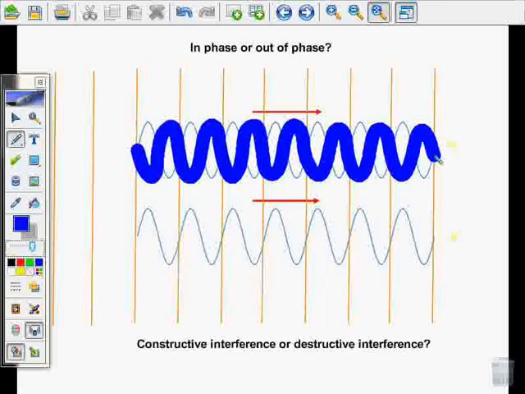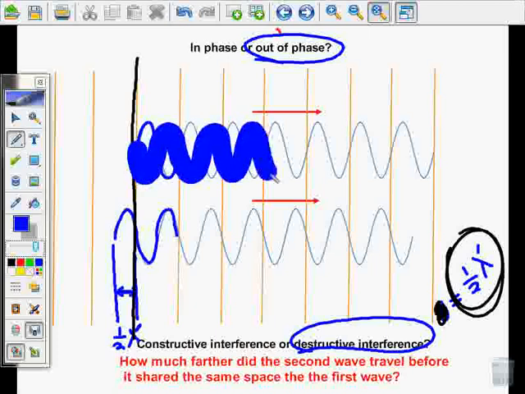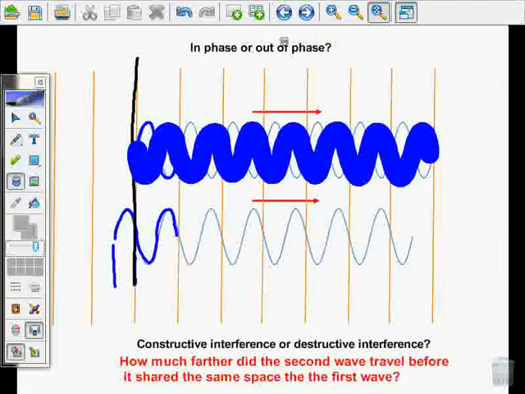Right now, are they in phase or out of phase? What kind of interference would we have? Okay, let's go to the next setup. In phase or out of phase?